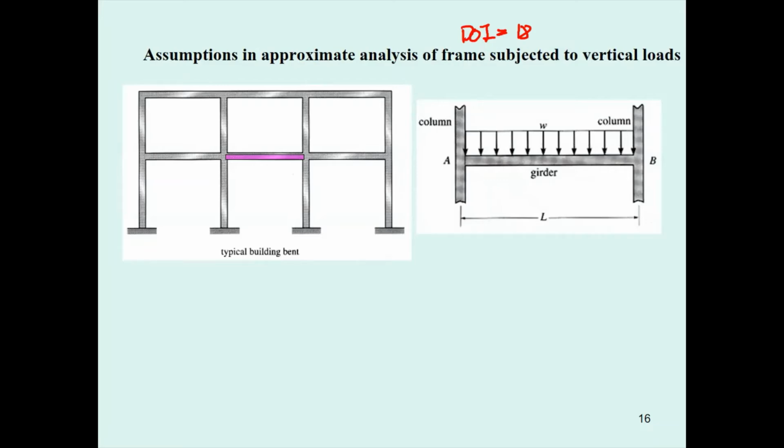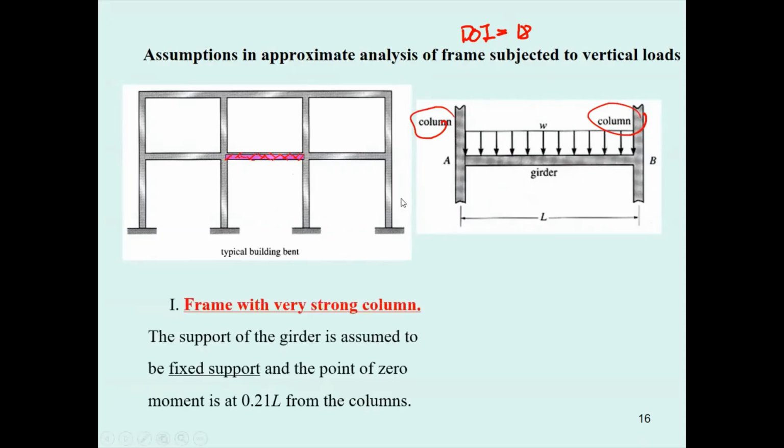Now, let us consider the pink beam. Okay, it is in the middle of the structure. If this beam is connected to the column on the left and to the column on the right, and the columns are very strong, very stiff, so we may assume this one as the fixed support.